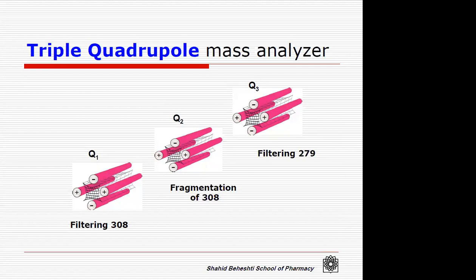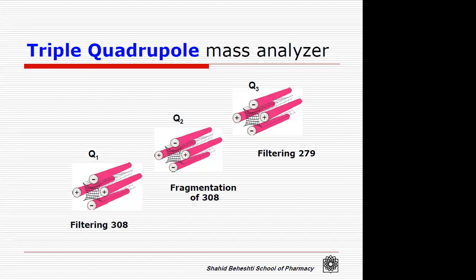We fragment them in Q2, but since they have different chemical structures, one of them is able to be changed to 279 by losing one molecule of nitrogen. The other one, compound B, since it has a different structure from compound A, is not going to be able to lose nitrogen, and therefore it would give other fragments.